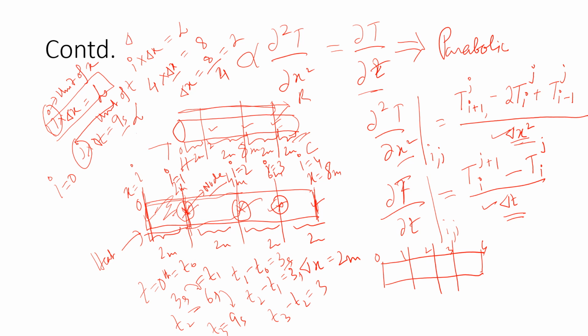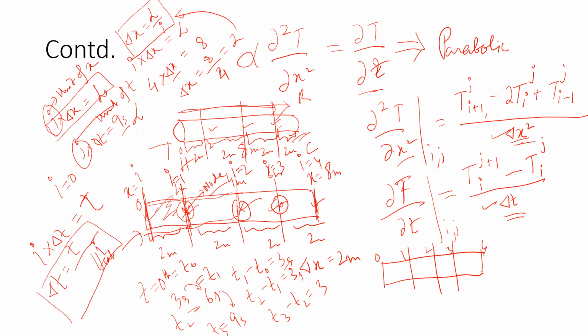So basically del x is equal to L by I, and in a similar manner, J times del t is the total time t, right? Then to find del t, just divide t by J. So this is your del t. Now this is your del x and this is your del t. Okay.